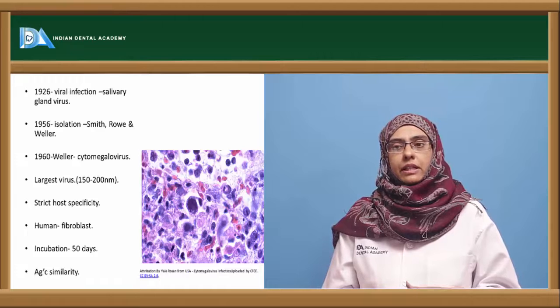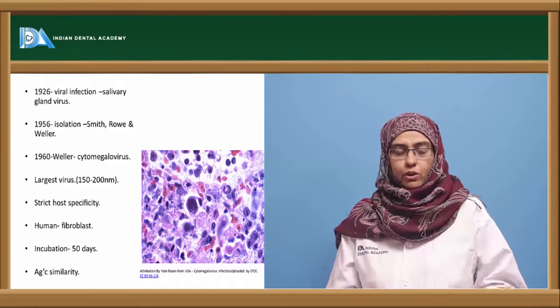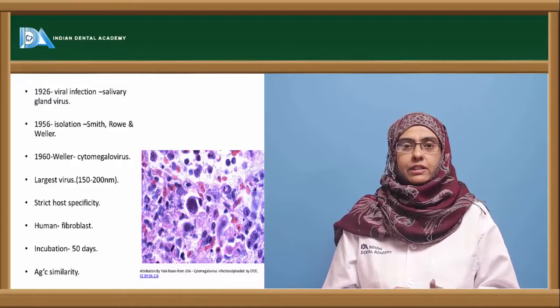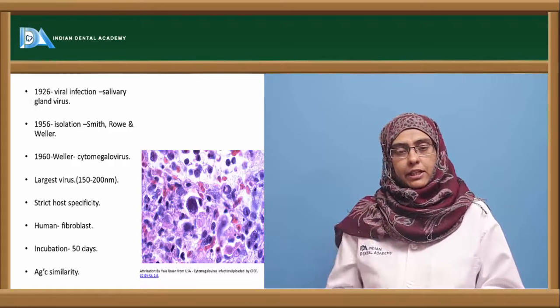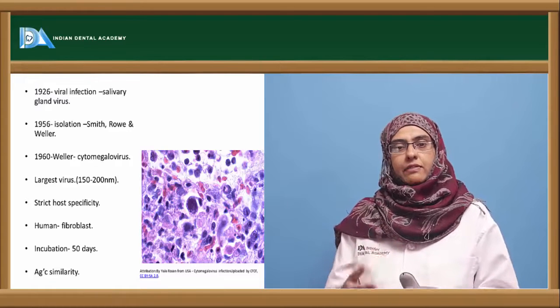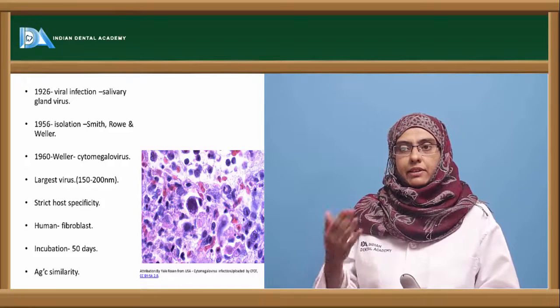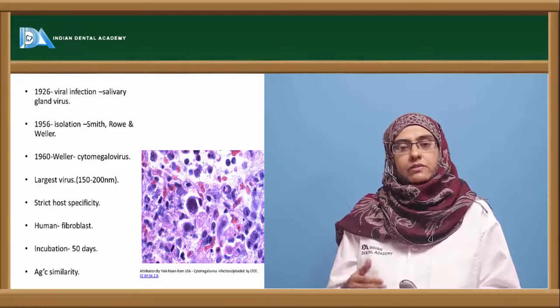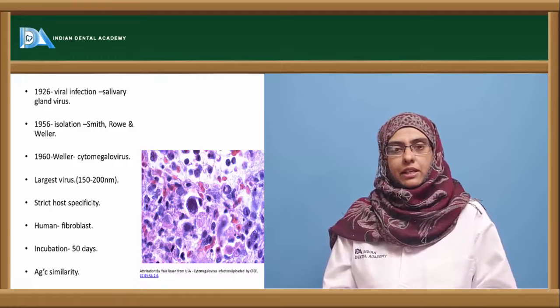Later on in 1926 the cytomegalia was thought to be due to a viral infection, and it was demonstrated in the experimental animal, and this cytomegalia was seen in the infected experimental animal and was isolated from the salivary gland, and hence the virus was isolated from the salivary glands. The name is given as the salivary gland viruses.